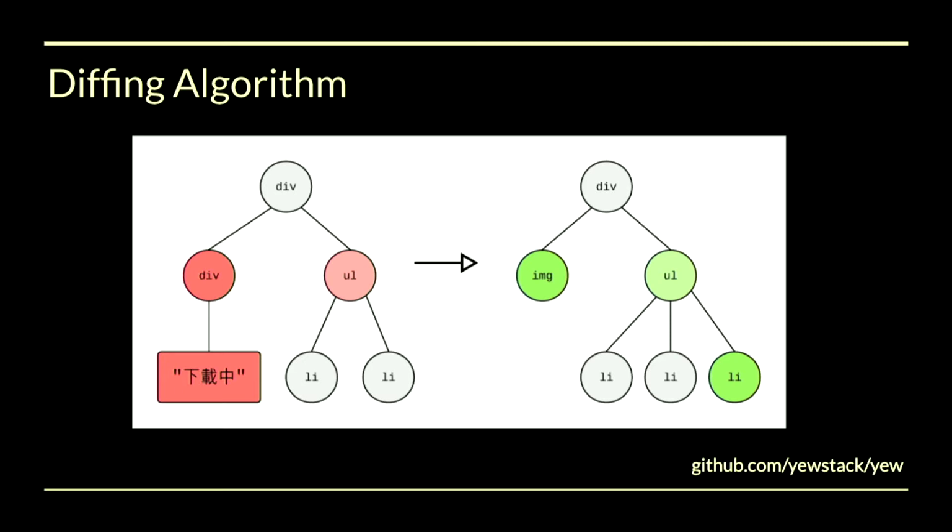Let's say that thing finished downloading, and you want to add a new element to the list, and you want to add an image. Everything's going to stay the same except for the things that are different. So you won't touch these list elements. It's not going to re-add those to the DOM. It's smart enough to figure out that you just want to add another element here.